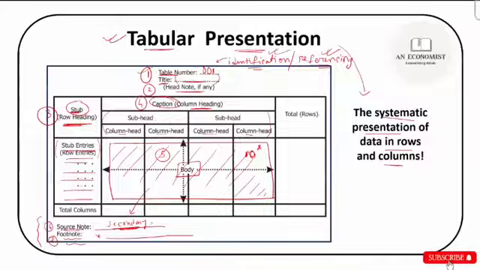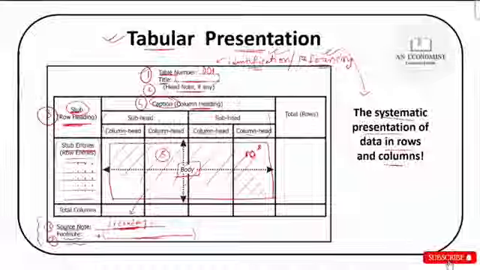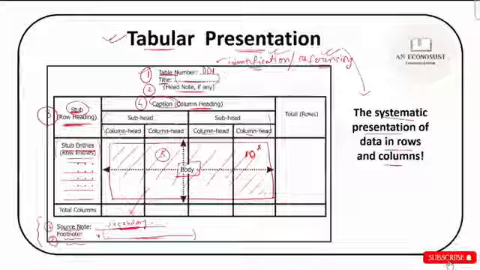So footnote basically gives an additional explanation or additional significance of any of the values or any of the components used in the table that you want to explain to your reader in a little more detail, right? So footnote is placed absolutely below the table and it is not a necessary component, but if you have something you want to elaborate to your reader, you can write it here. So these are the 7 components that every table should have.